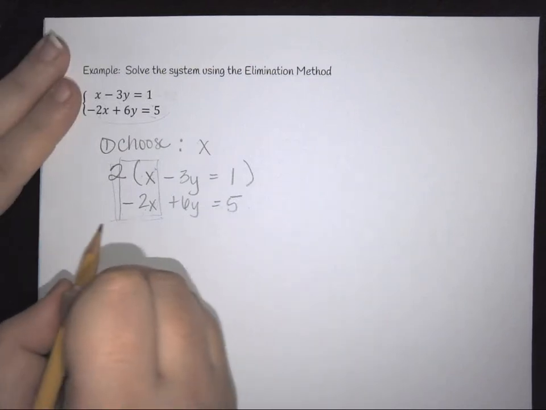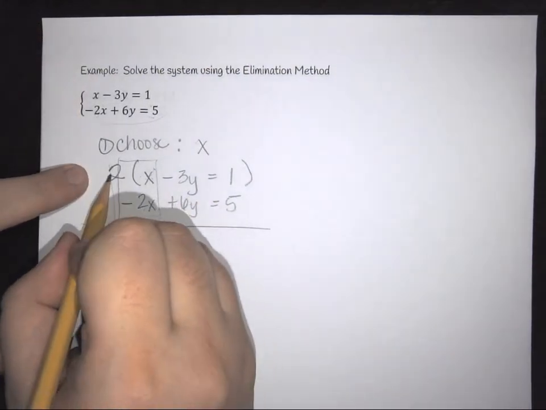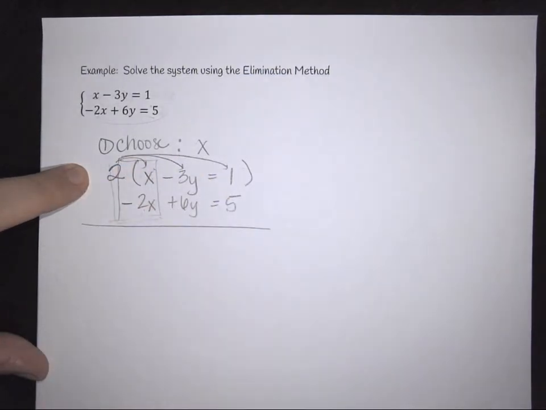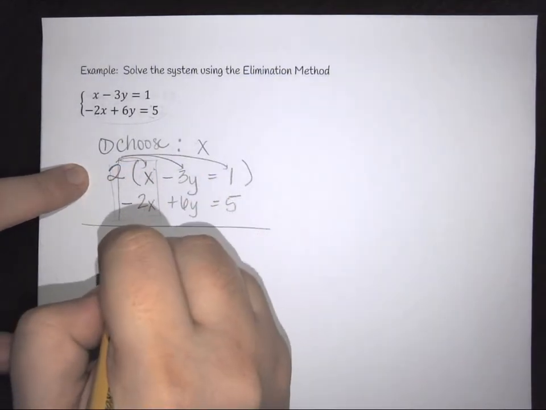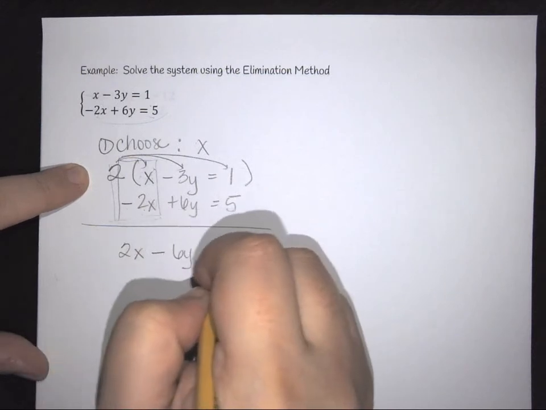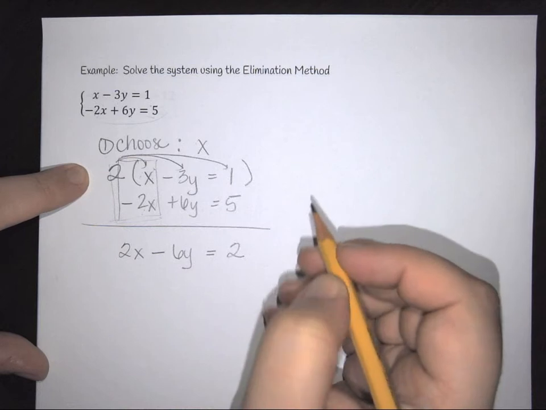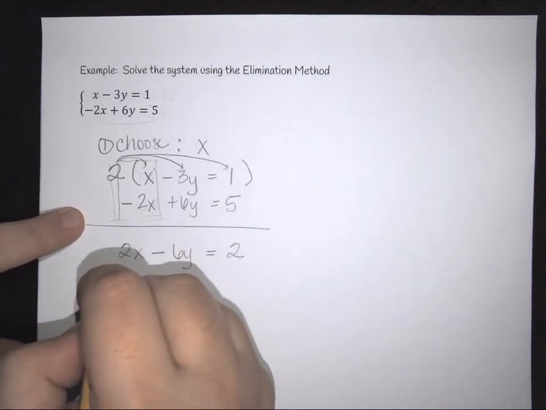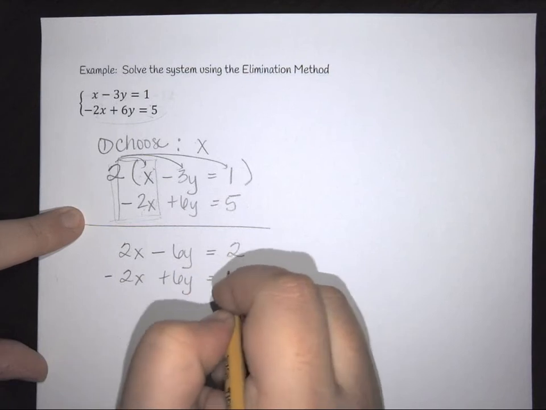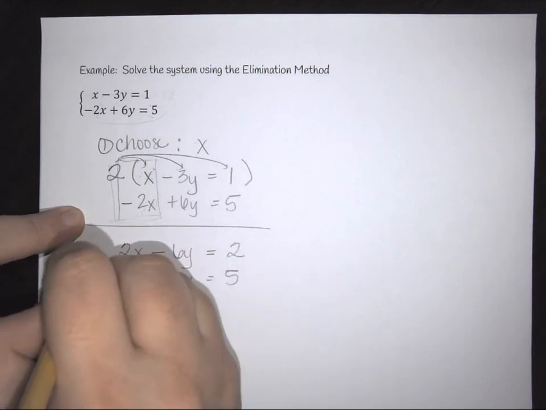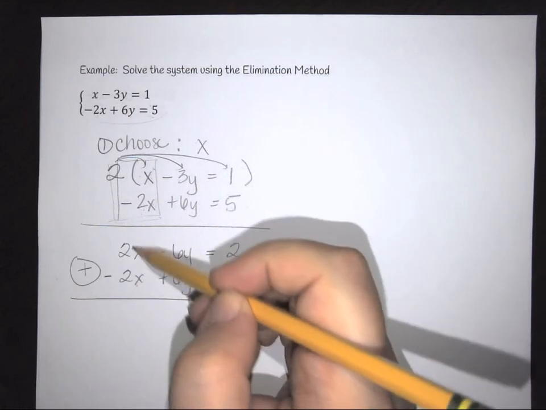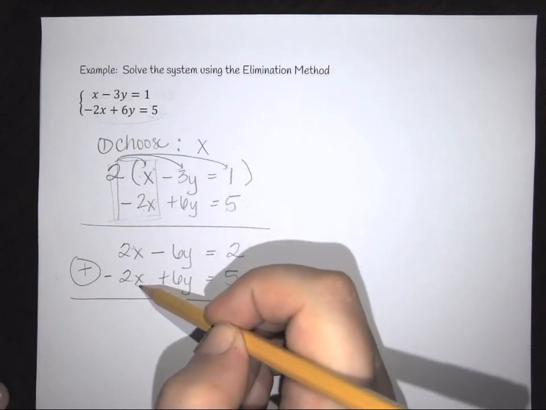So when I do that, distribute the 2 through the whole thing, and we get 2x minus 6y is equal to 2. And then down on the bottom I still have my negative 2x plus 6y equals 5, and I am now free to add them together because my goal is now opposite but the same.